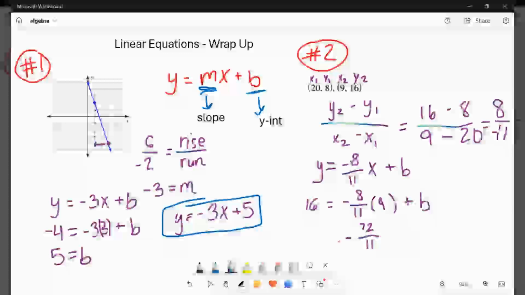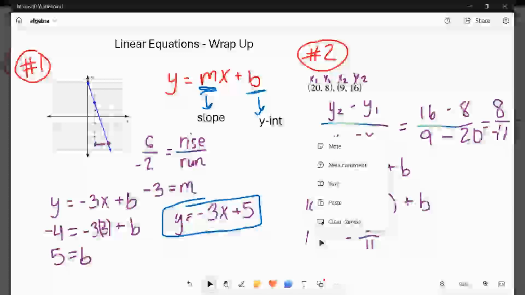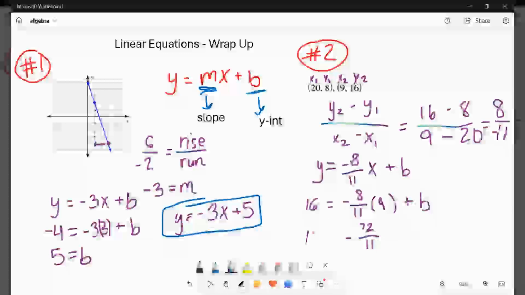Okay, equals 16. And don't forget the plus b over here. Okay, now we just have to add that 72 over 11 to the other side, and we'll have our b.